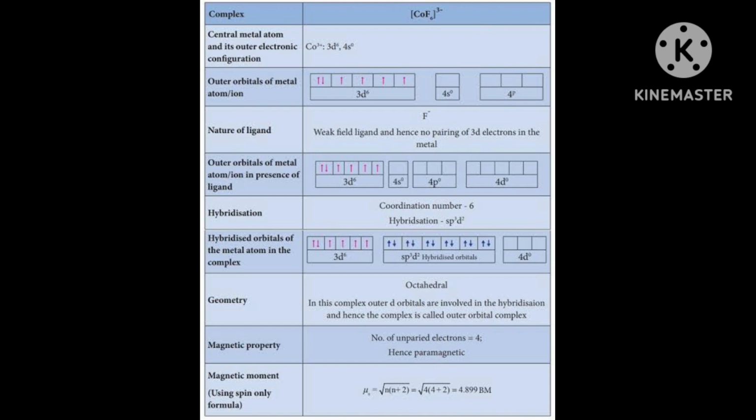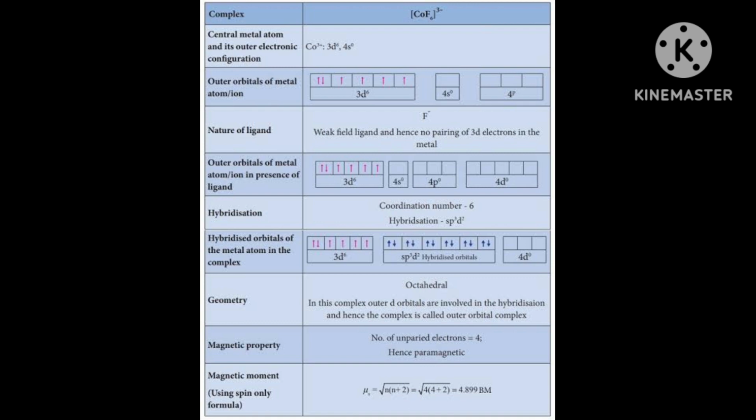Now unpaired electrons are not there. You can also call it a spin paired complex. All electrons are paired, so low spin and spin paired have the same meaning.